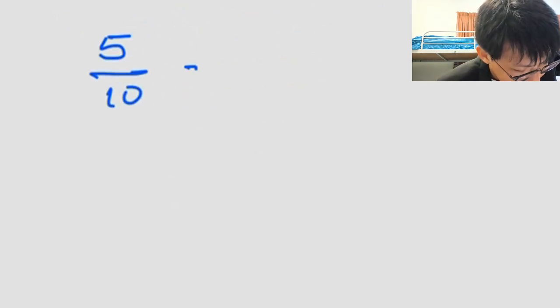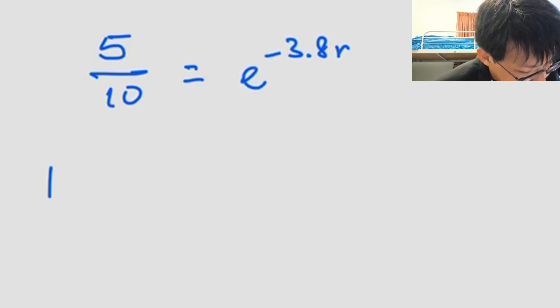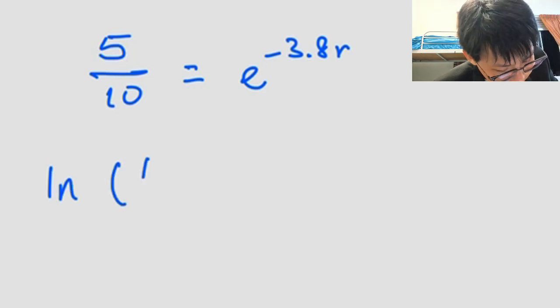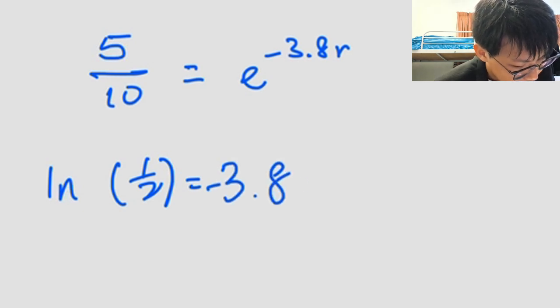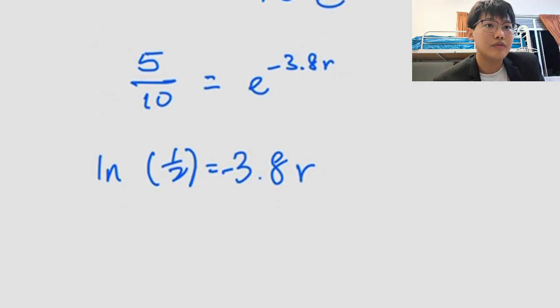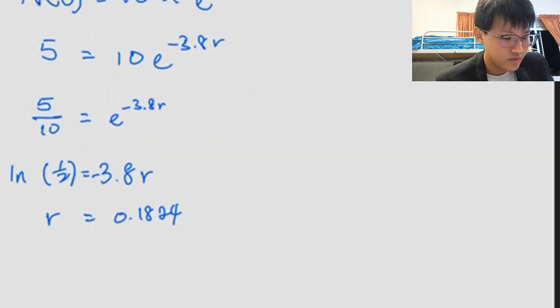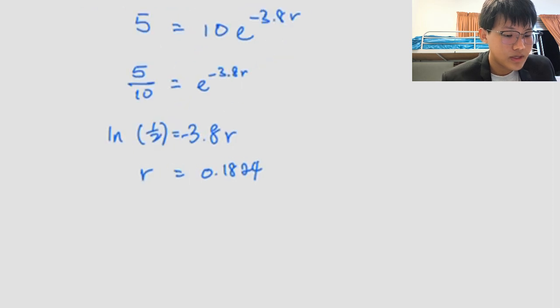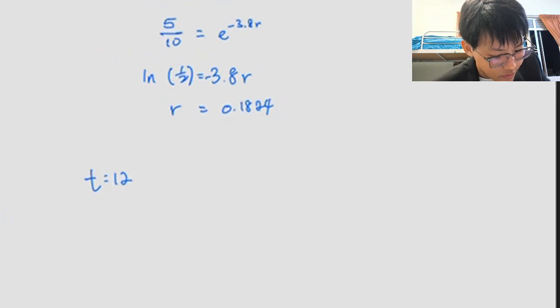Now, bring the 10 over, and take ln on both sides, which is ln half equals negative 3.8R. From here, we can get that the value of R is 0.1824.